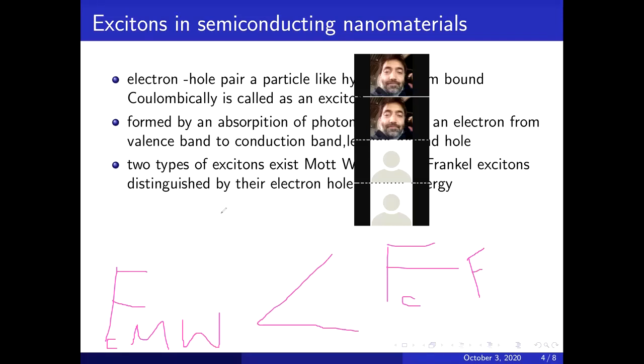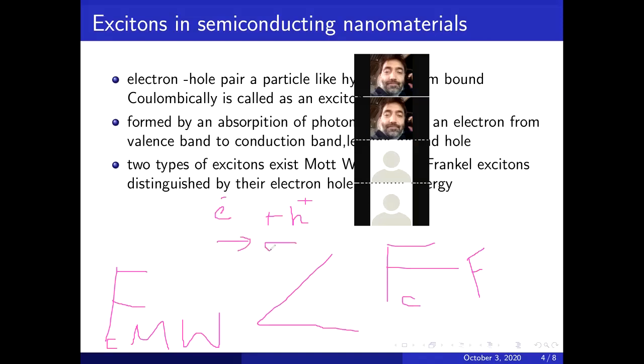And when two particles, say one electron and one hole, are attractive in nature, one is positive and one is negative, when the force is very, very strong, naturally they will be living close to each other.